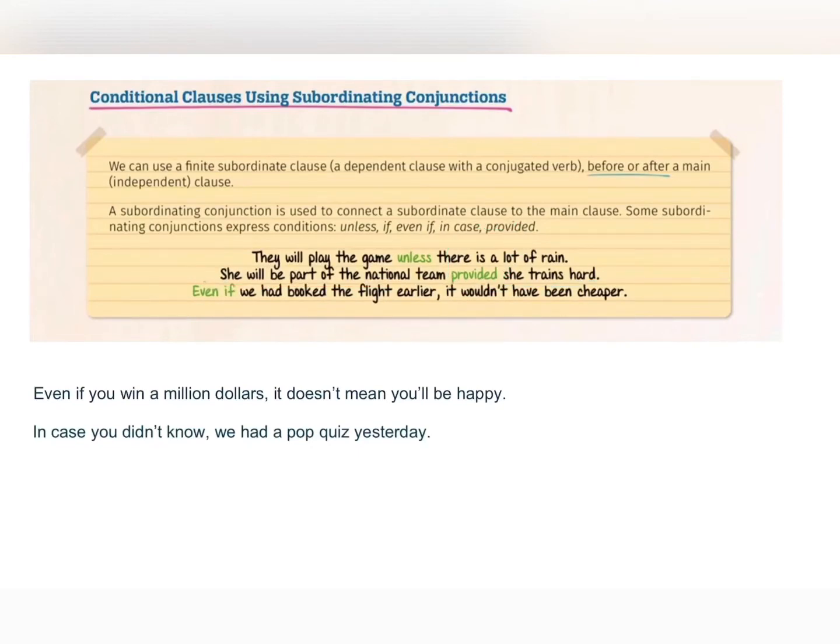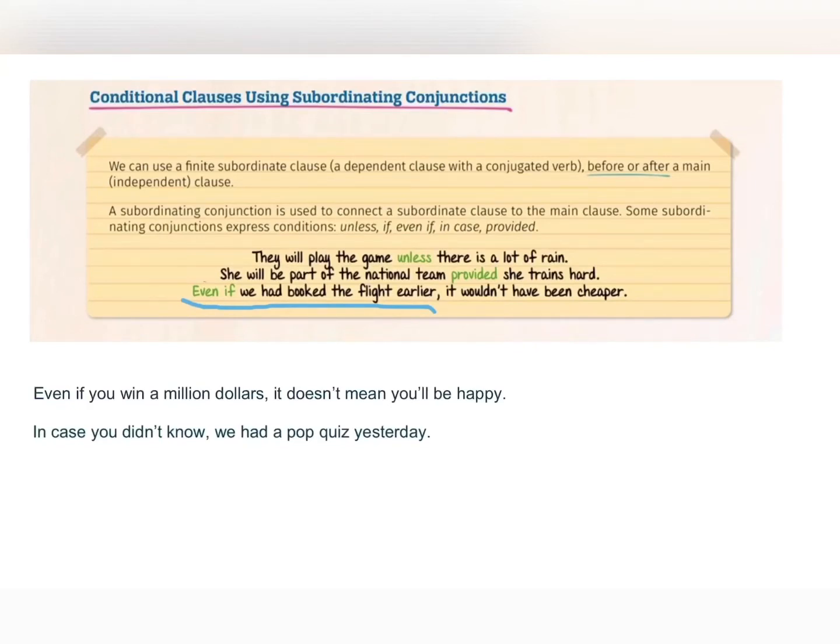One more example, even if we had booked the flight earlier, it wouldn't have been cheaper. So, even if we had booked the flight earlier, in this case, we have our clauses flipped around, and that would be our dependent or subordinate clause, the one that cannot be a sentence on its own because it's not a complete thought.